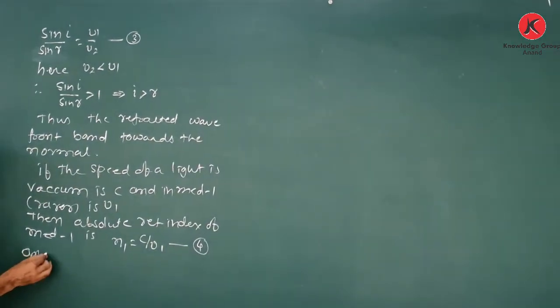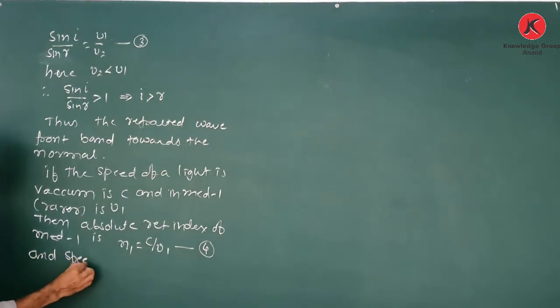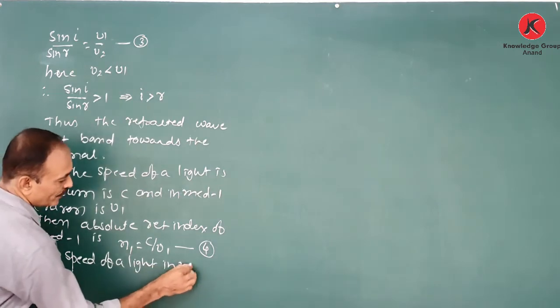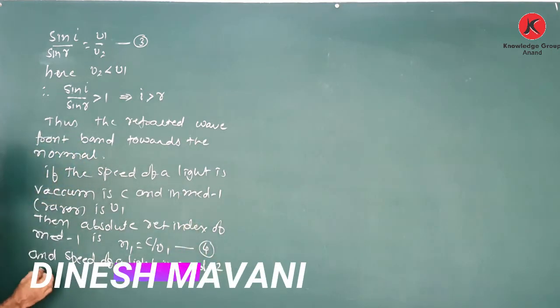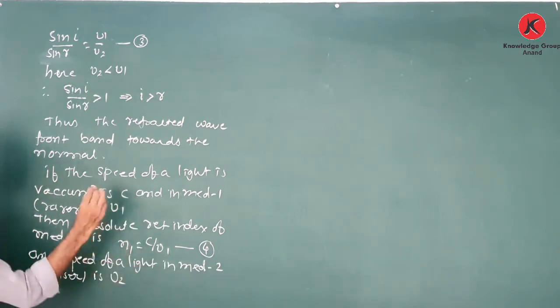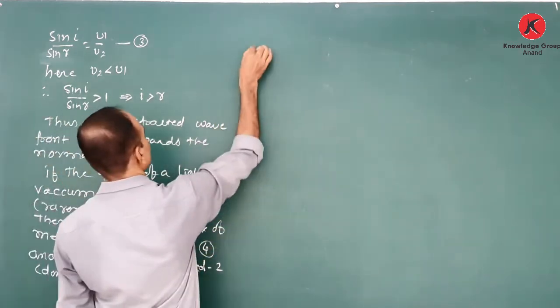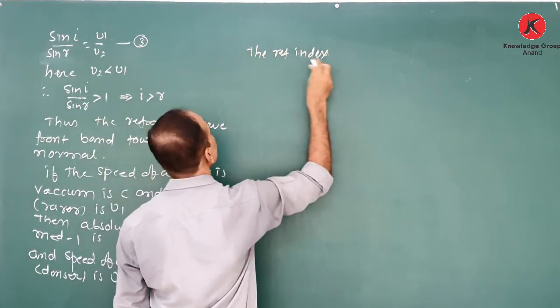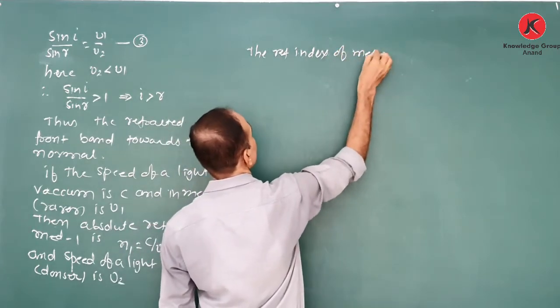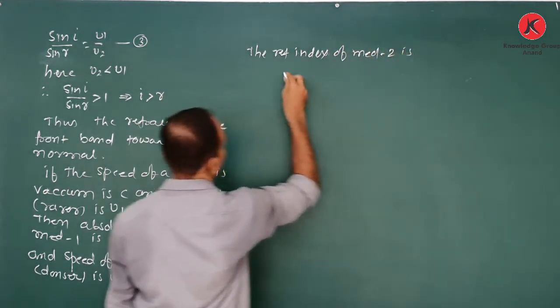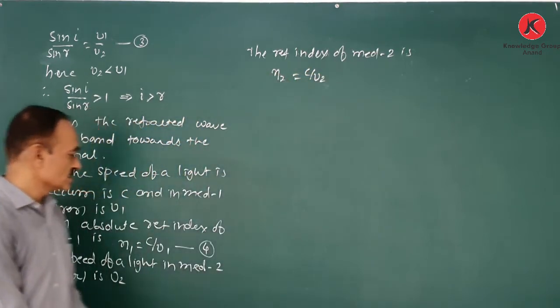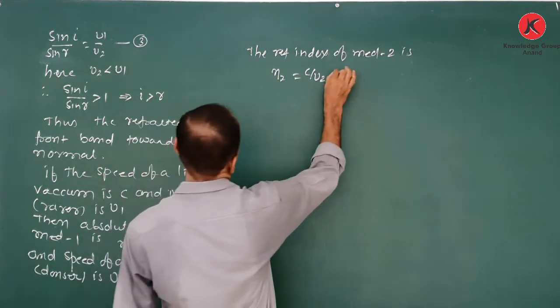And the speed of light in medium 2, that is the denser medium, is V2. Therefore, the refractive index of medium 2 is N2 equal to C upon V2. That is equation 5. By taking the ratio of equation 4 to 5, or 5 to 4, we obtain N2 upon N1 is equal to V1 upon V2.